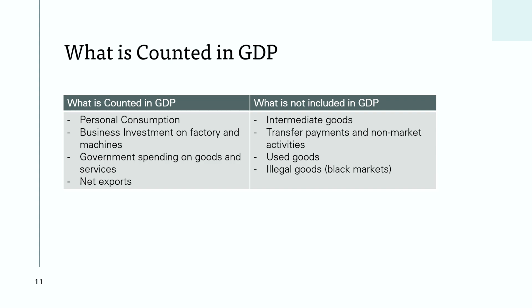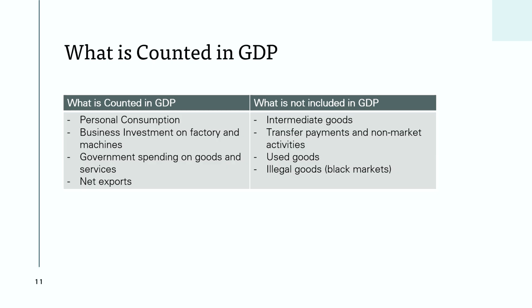Transfer payments like welfare or unemployment benefits do not reflect new production. Non-market activities like cooking at home or mowing your own lawn don't enter GDP because they have no market price.